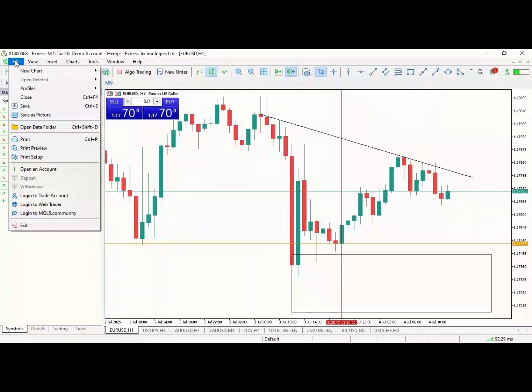So we are looking at now how to connect a broker. You see, you have the option of logging into a trade account or opening an account, but usually you use the option of login to trade account because you create your account on Exness.